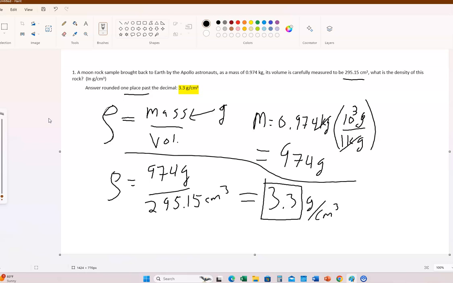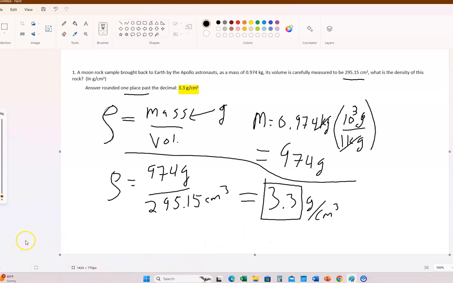3.3. By the way, that is also the average density of the moon, as a matter of fact. So not just that one particular rock from the moon. The entire moon has about that density. What that means is that there are things that are a little bit more dense than 3.3, and there are things that are less dense than 3.3.